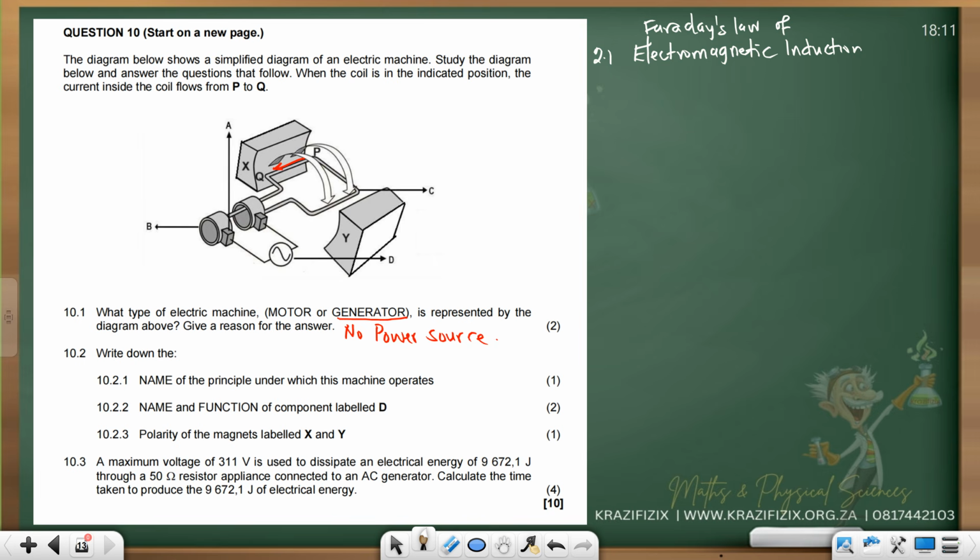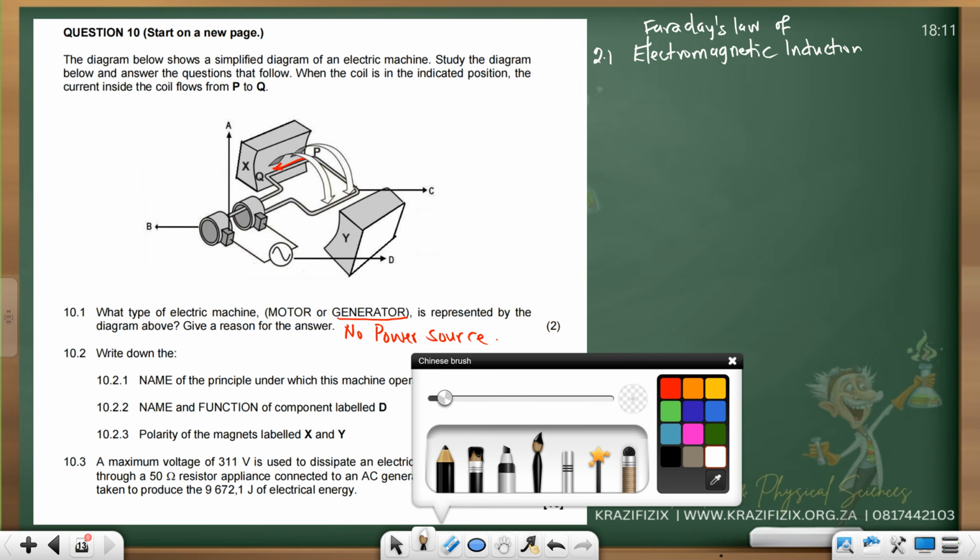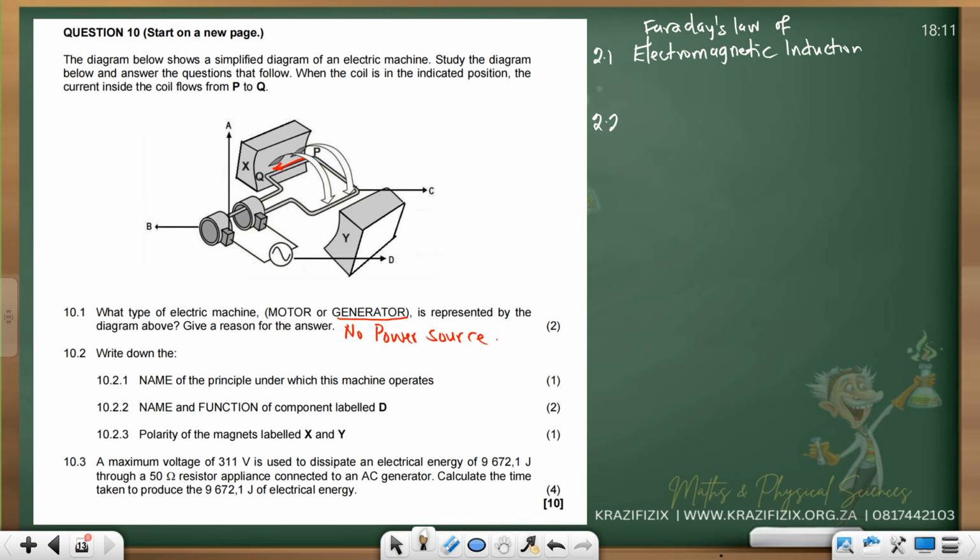All right? It's an external circuit, but in this case we can see that it's actually measuring. So this one we can call it a voltmeter, measuring the direction of flow of current. But that question really, we could argue a lot of things there.